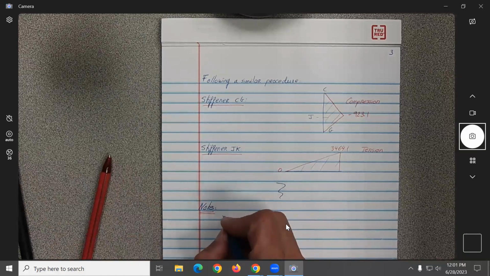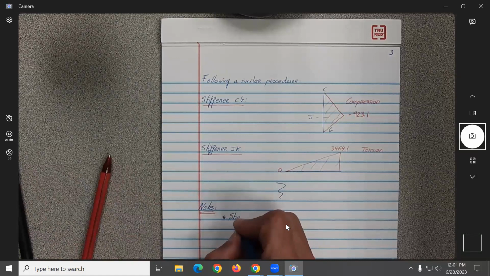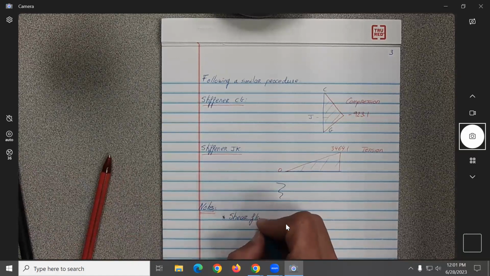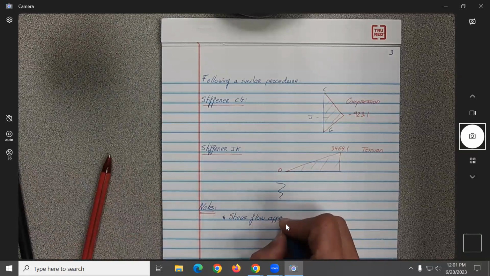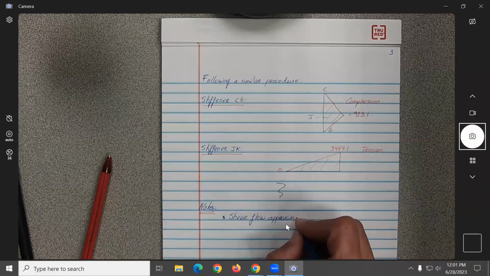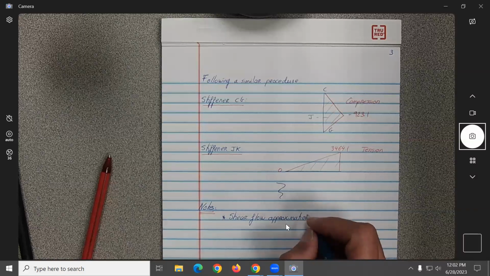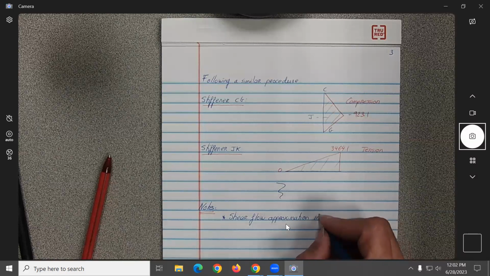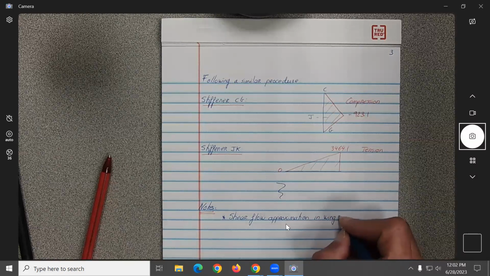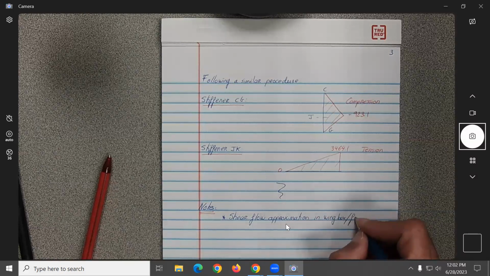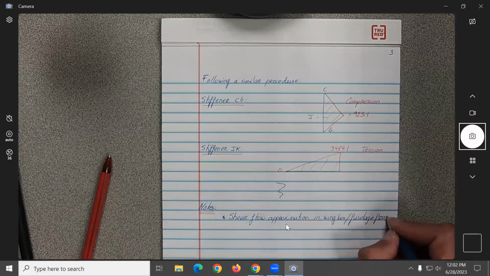This is generally something that you always ask me about: shear flow approximation in, let's say, a wing box, fuselage frame.